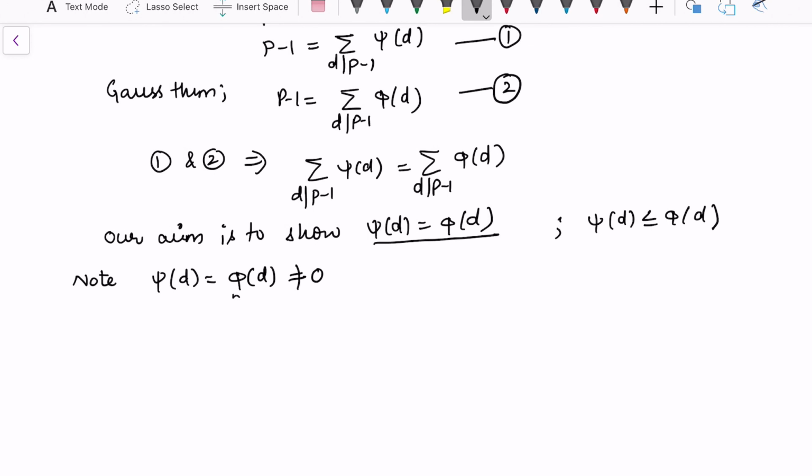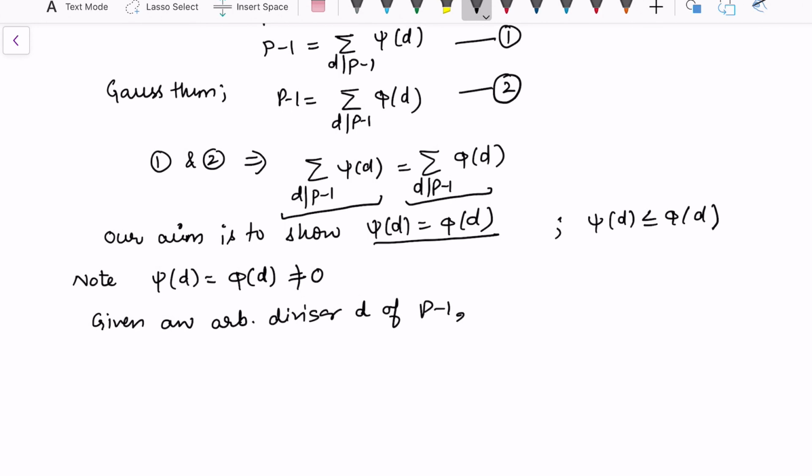Phi d is the count of integers which are relatively prime with d, so this count is not 0. Now we start our proof. Given an arbitrary divisor d of p minus 1, there are only two possibilities. And what are the two possibilities?